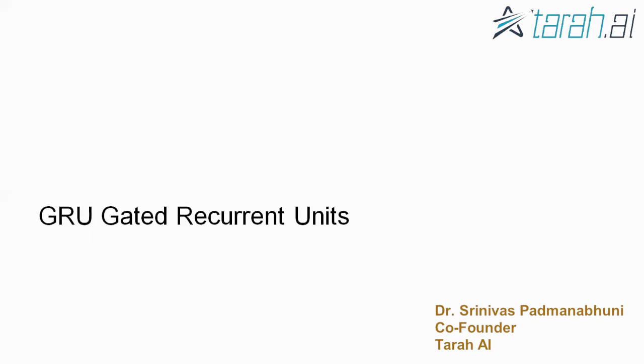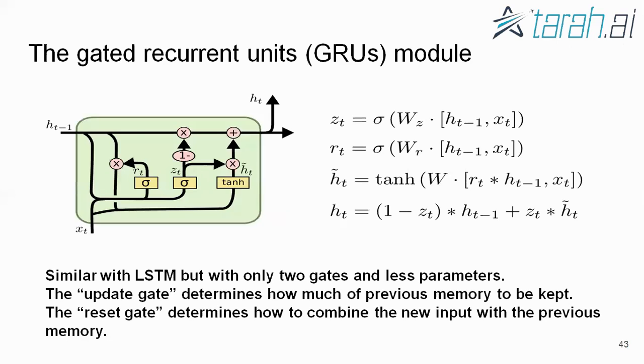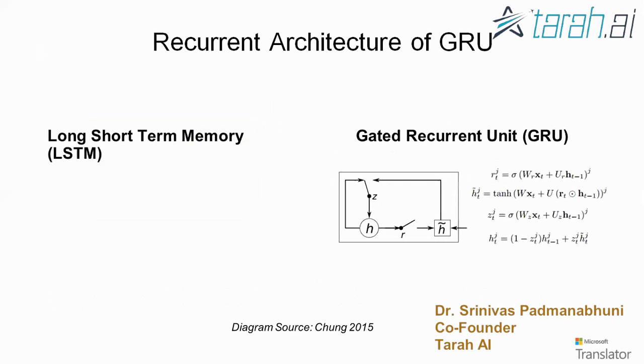Then there were proposals: can we simplify it a little bit further, where each cell, instead of a purely three-gate, four-layer model, can we create an alternative model which is simpler?